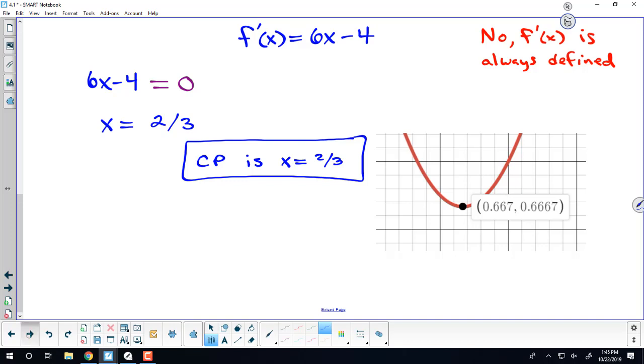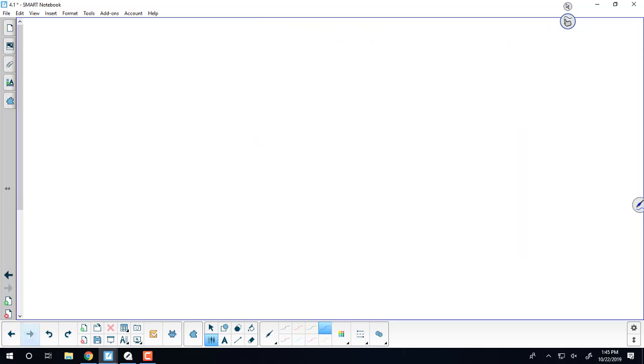So then we'll look at a few more involved examples. So let's look at the function x divided by x squared plus 1.